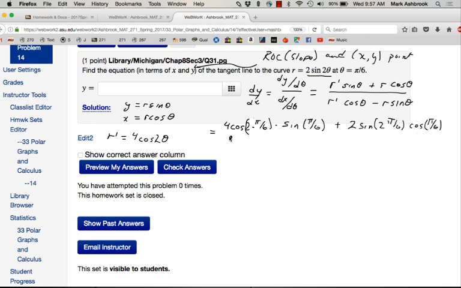Did I get it all in there right? Over r prime, 4 cosine 2 times pi over 6 times cosine pi over 6, minus r, 2 sine 2 pi over 6, sine pi over 6.